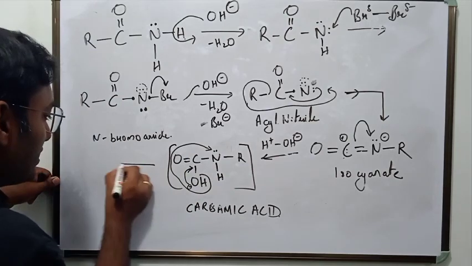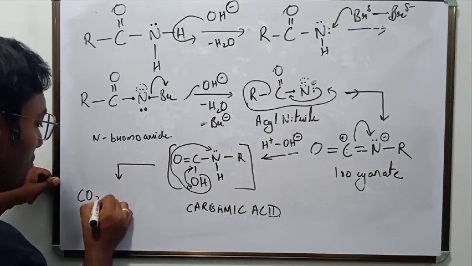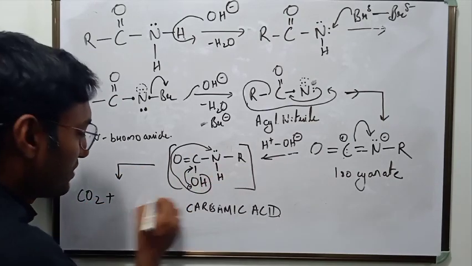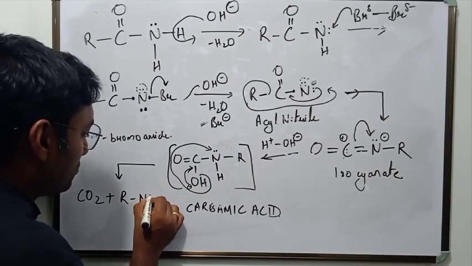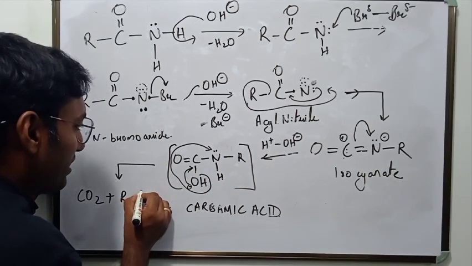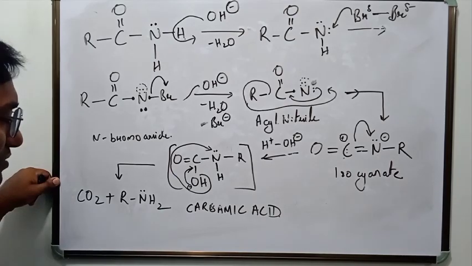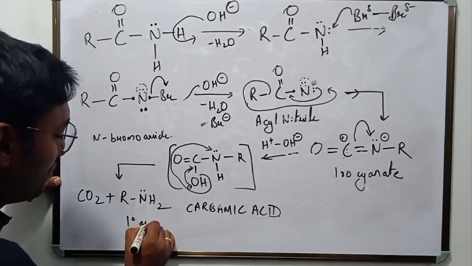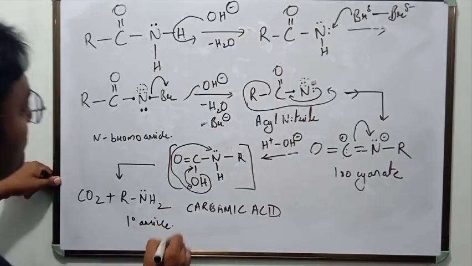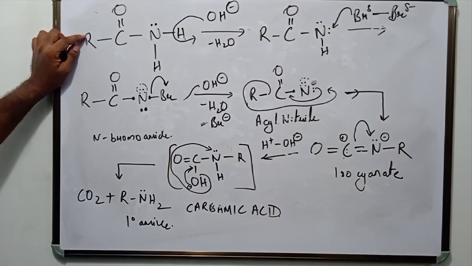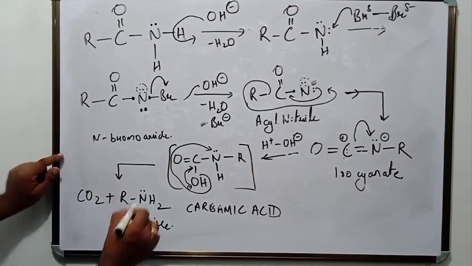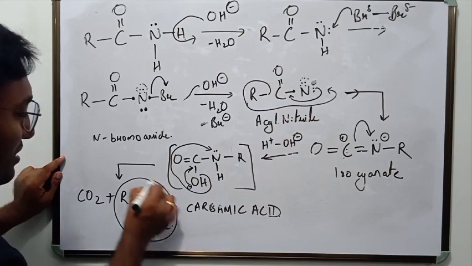So the net result will be CO2 plus RNH2. The lone pair is still there. So that is how you start with acid amide and you end with your primary amine.